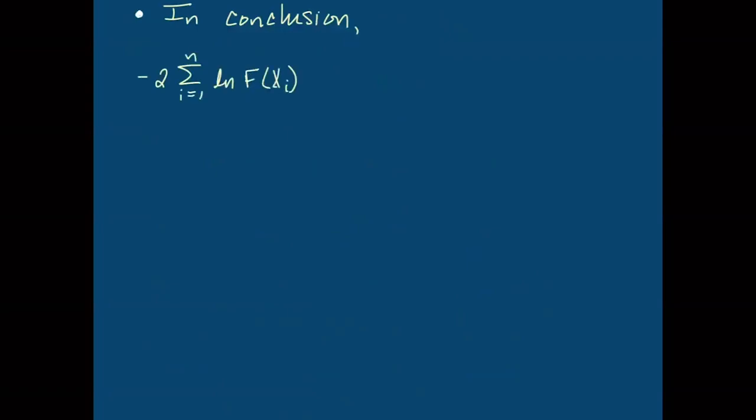We rewrote it like this because we defined Y sub i to be capital F of X sub i. We then defined capital Z sub i to be negative 2 times the natural log of Y sub i. So really we want the distribution of the sum as i goes from 1 to n of the Z sub i. But Z1, Z2 up through Zn are IID exponential rate 1/2 random variables.